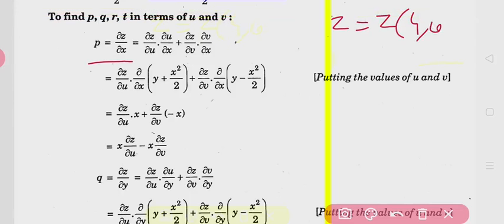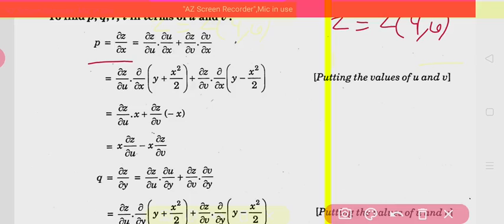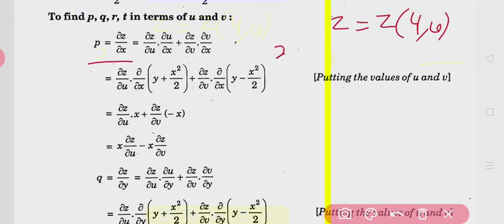If z is a function of u and v, what will curl z by curl x be? You can check. Firstly, the partial derivative of z with respect to u into the partial derivative of u with respect to x, plus the partial derivative of z with respect to v into the partial derivative of v with respect to x. Okay, that means by using the chain rule you will write it down.